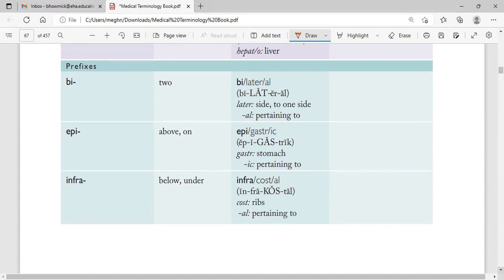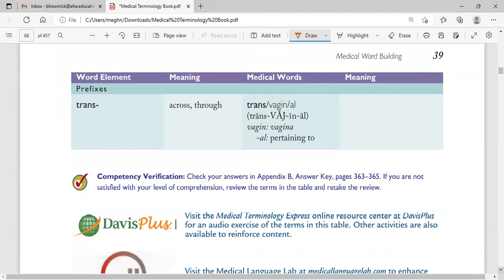Next, bilateral. Bi means two, lateral means side. Epigastric: epi means above, gastric means stomach. And infra means below or under, infracostal, below the ribs. Next, transvaginal. Trans means across or through.